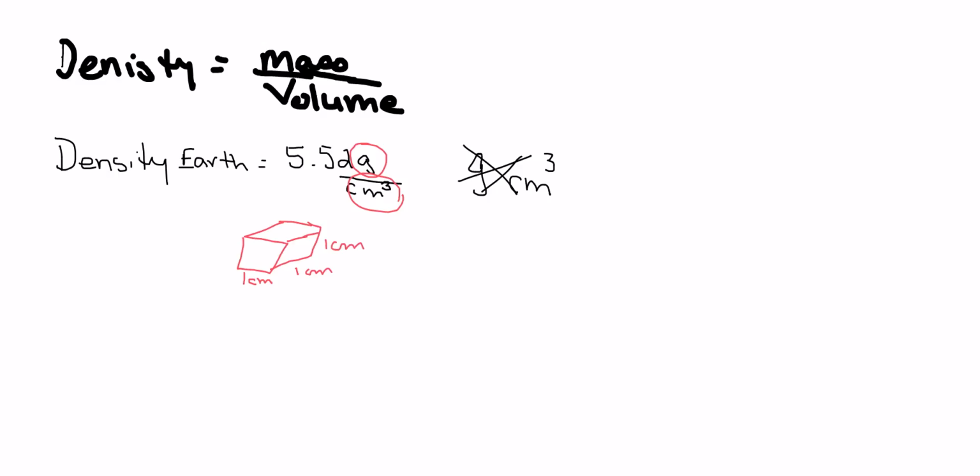Now hold out your fingers and show me, how big do you think a centimeter is? And make that a little cube in your mind. And if I filled this with Earth and I put it on the scale, I would get 5.52 grams.